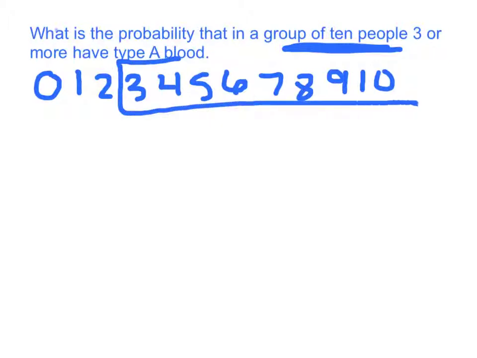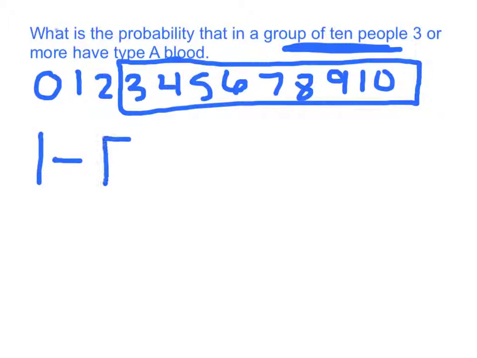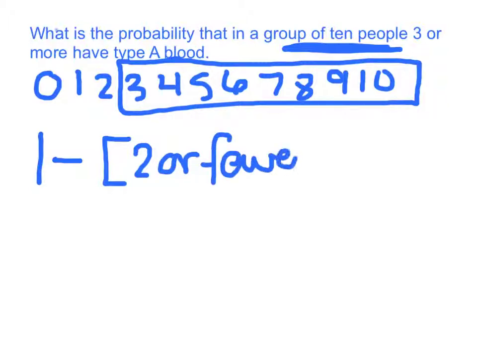And that would be really a pain to do, because you would have to add up all of those individual probabilities. So the better way to do this is as the opposite of 2 or fewer have type A. Now, if you wanted to do all the math for 2 or fewer, let's go through that just for a second.